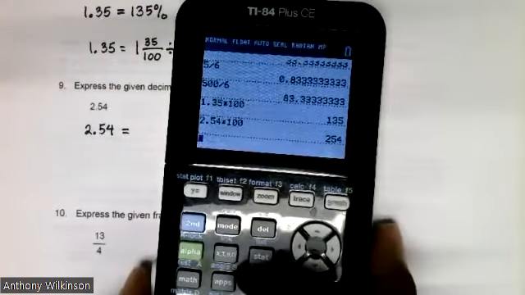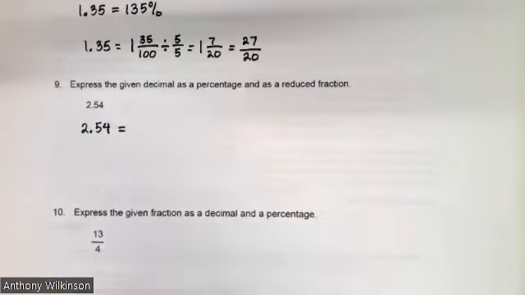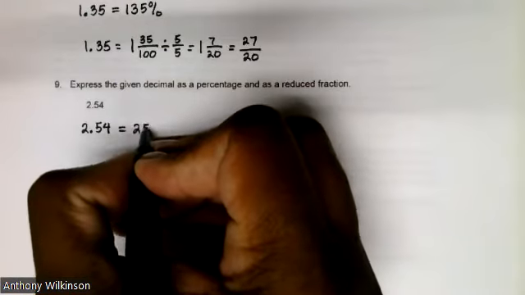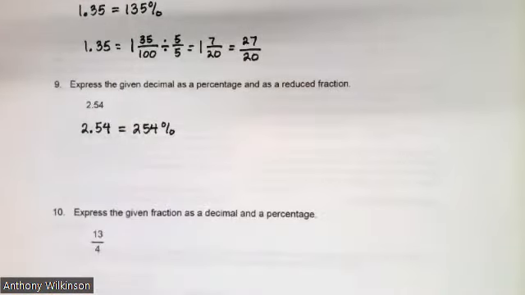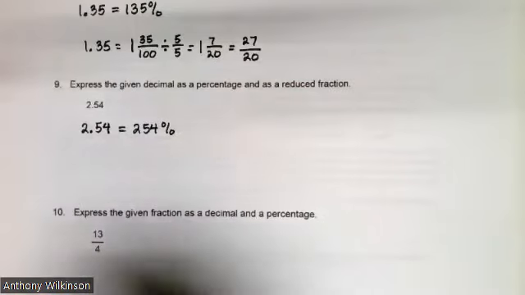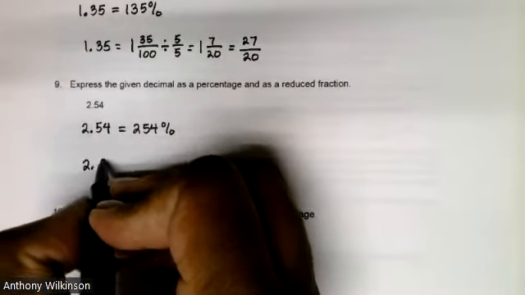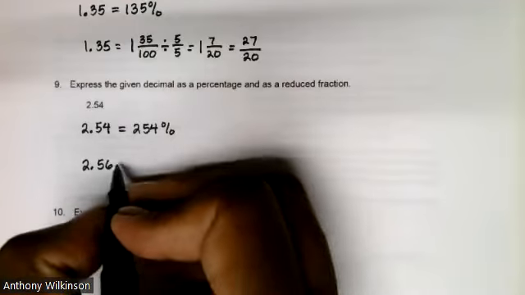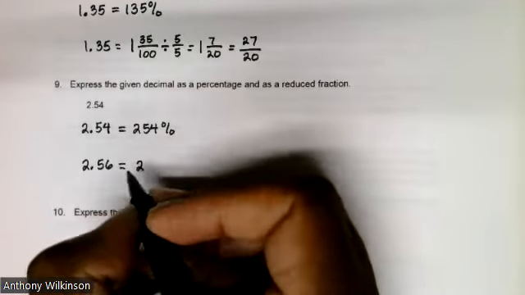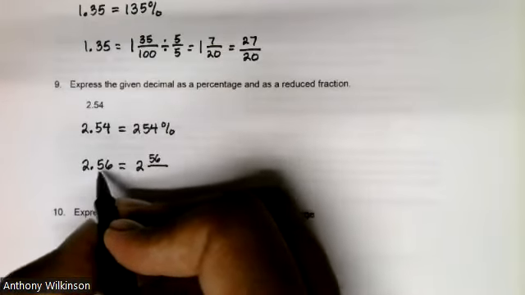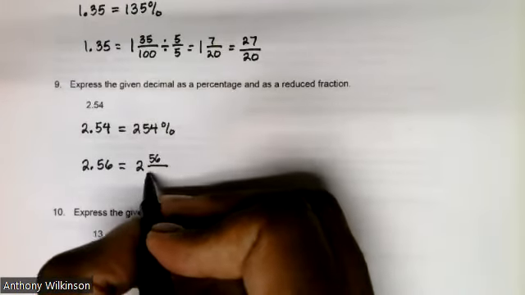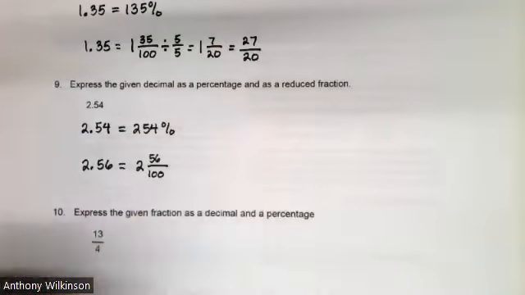That would give us 254%, just like we did here. Now for the 2.54 as a fraction in simplest form, reduced, bring this 2 over, that 54 goes in the numerator, the 2 digits after the decimal point. So it's got to be 100.